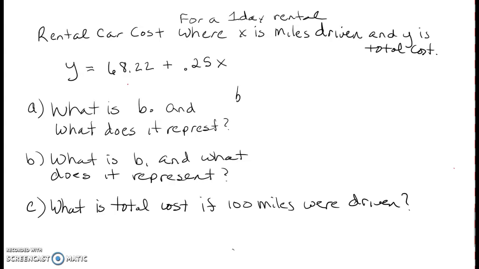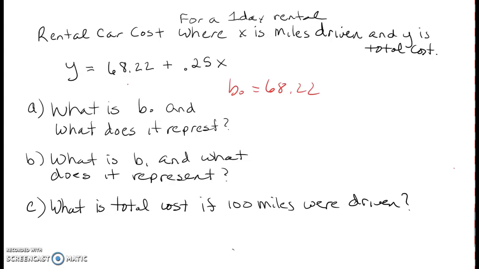So b sub 0 is $68.22. Now, what does it represent? Well, let's suppose this second term just went away and there were no miles driven.